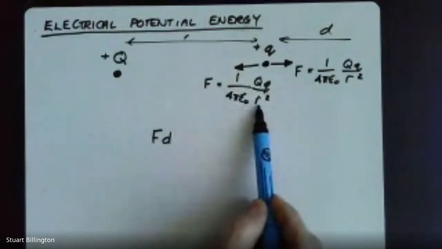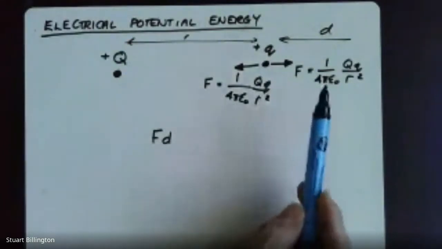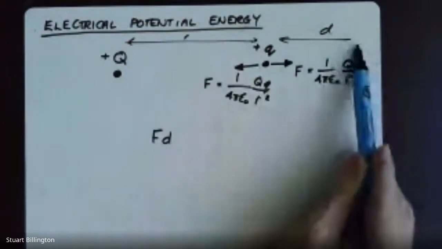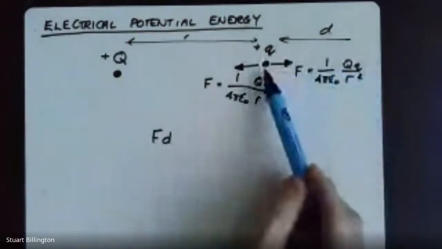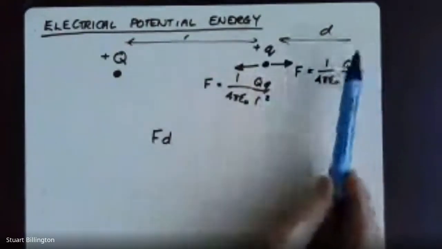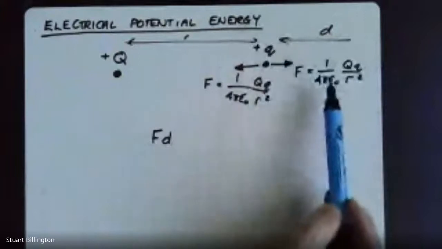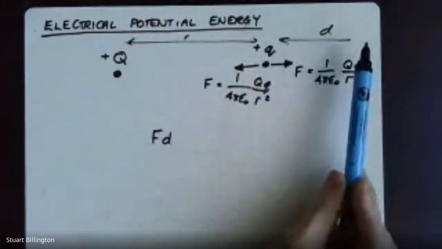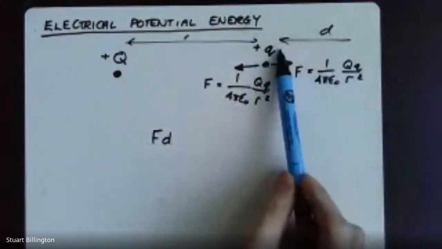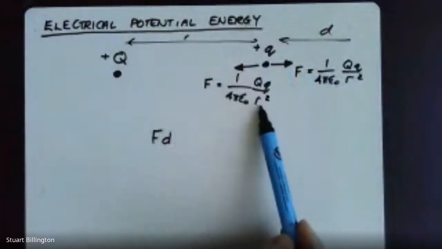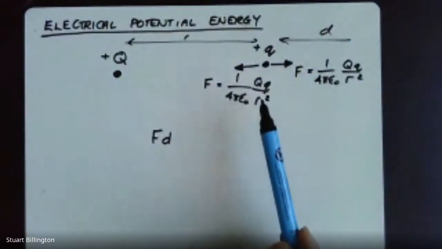And so as the charge moves through a distance d to arrive at this point here, we are left with the problem that if we just do F times d, which F do we use? The force here or here or here or here, because it's a different force at every single value of r.